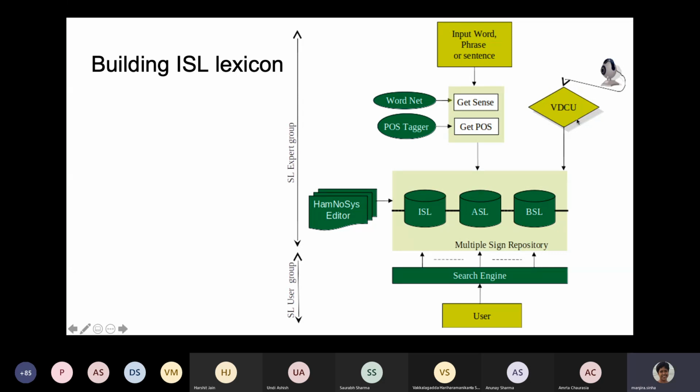And there is some video recording unit, especially for sign language, for the input different words. But for the typing, we are ignoring this. Let us stay at the wholly textual representation level because sign generation is another part. After that, we have something called a Hamnosys editor. Just give me a moment, okay?